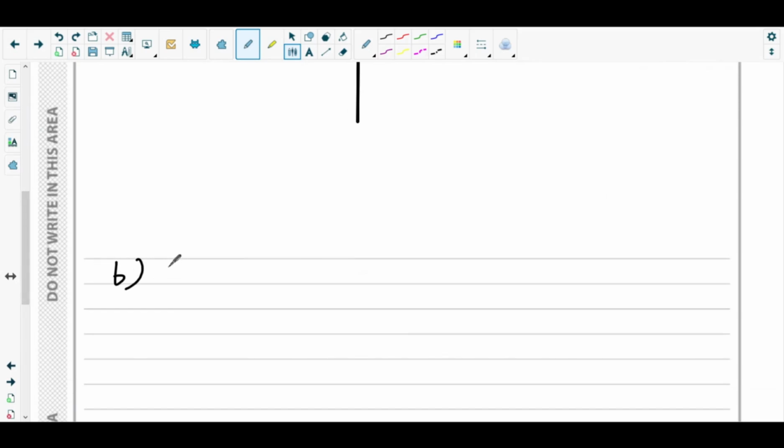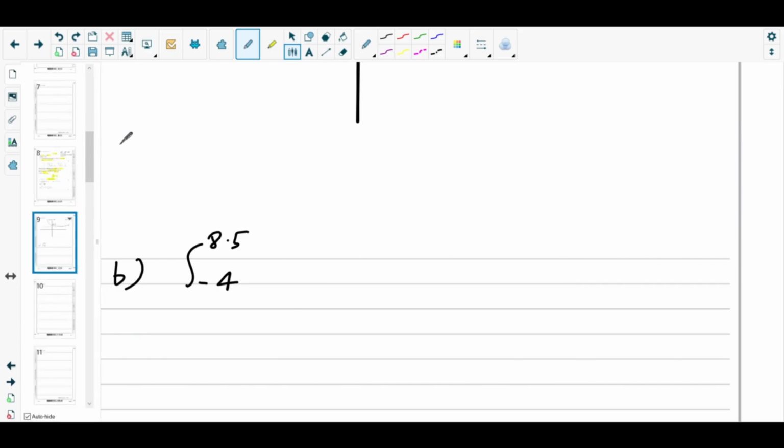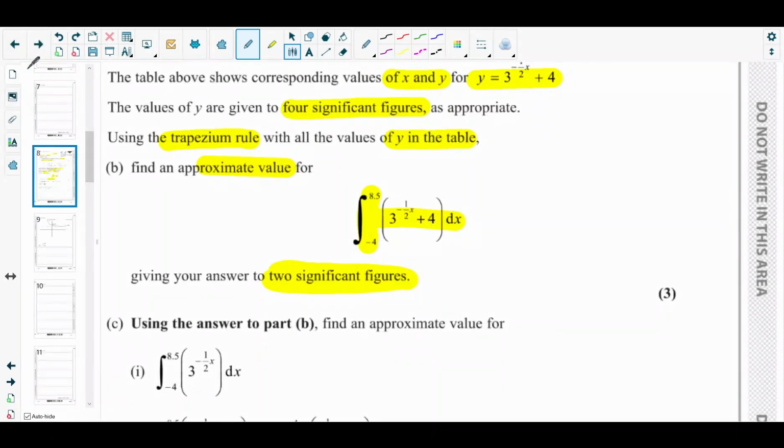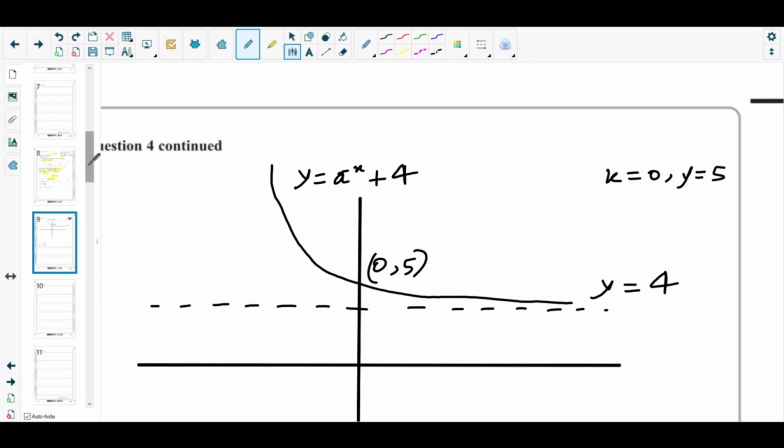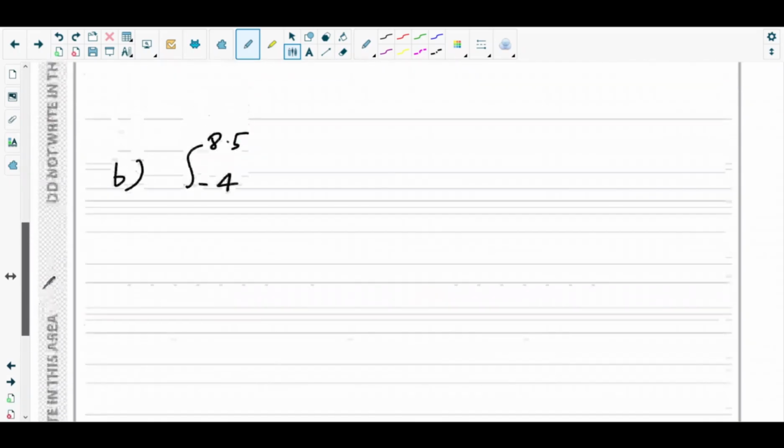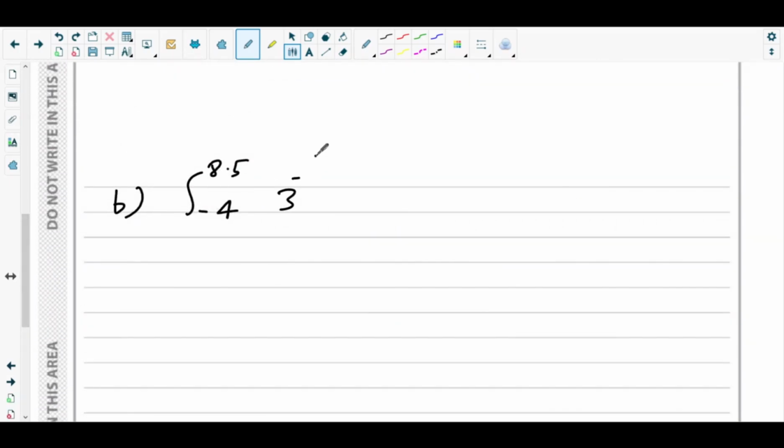So the integral from -4 to 8.5 of 3 to the power of half x plus 4 dx.